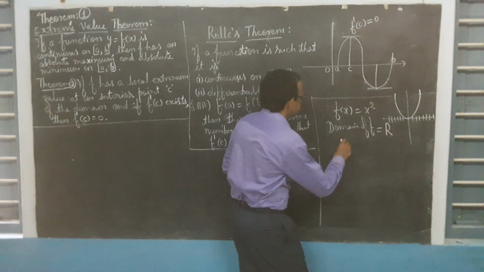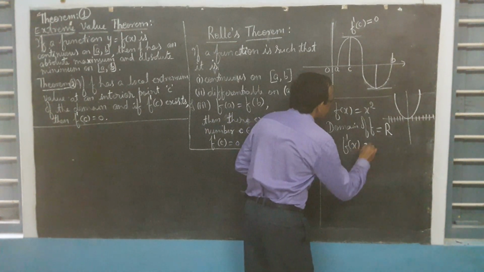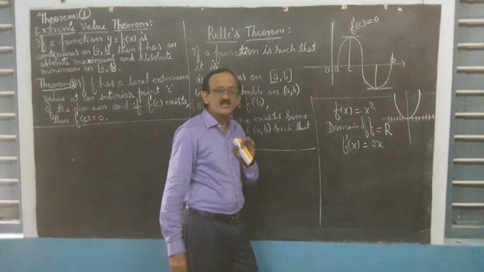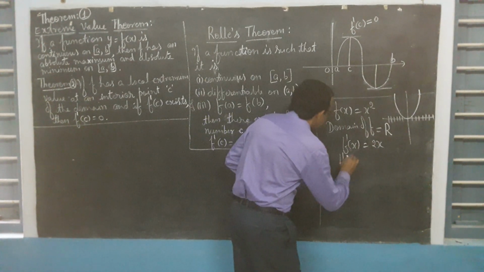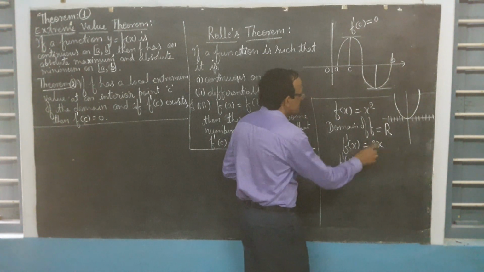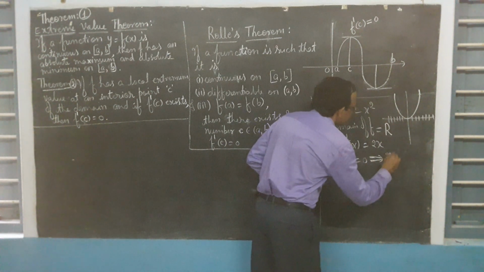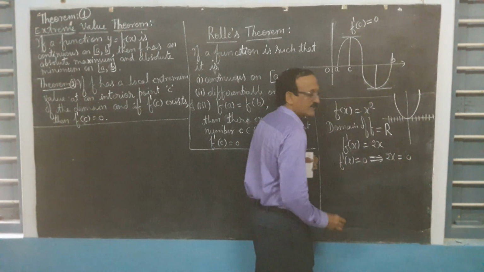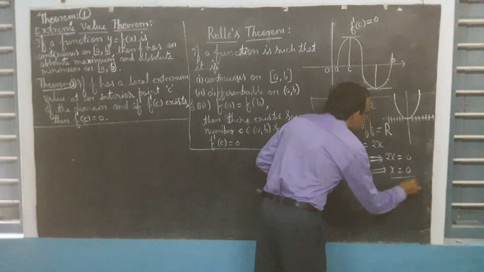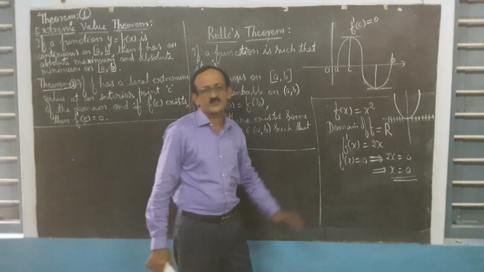Find f dash x. f dash x is equal to 2x, the derivative of x square. Ask the question: when is f dash x 0? Its value is 2x. 2x is 0 when x equals 0. So when x equals 0, the derivative is 0.